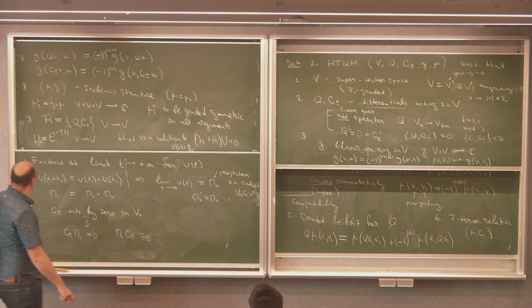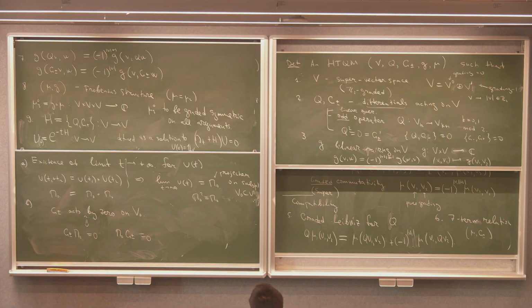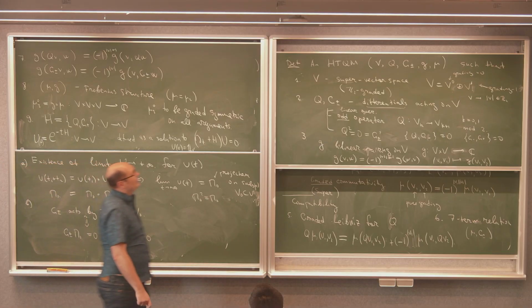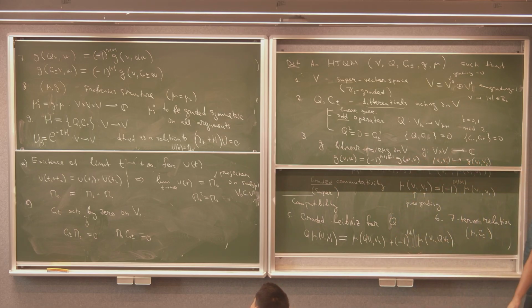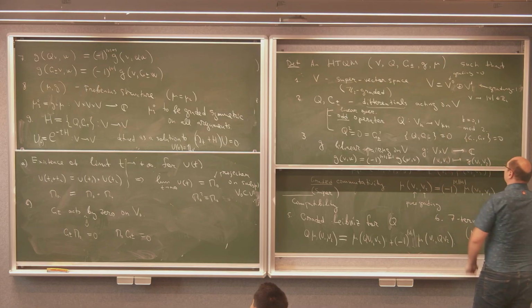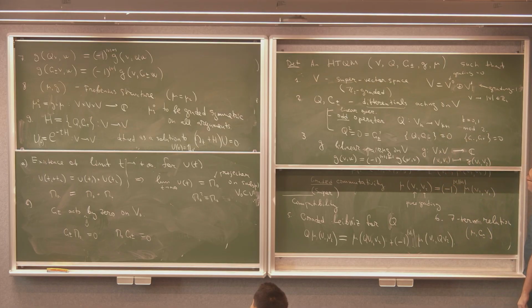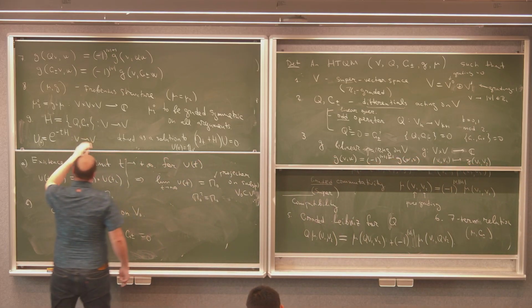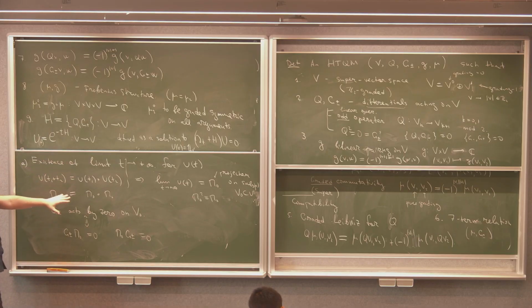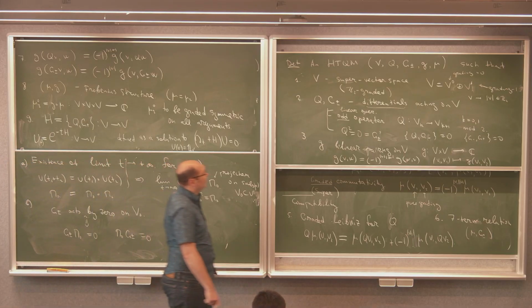Okay, so that is the full list of the properties. So HTQM is a collection of this data: a vector space, a pair of differentials, where G minus commutes with the other differential Q, and G plus doesn't commute in general and gives us some Hamiltonian, which defines a certain subspace.